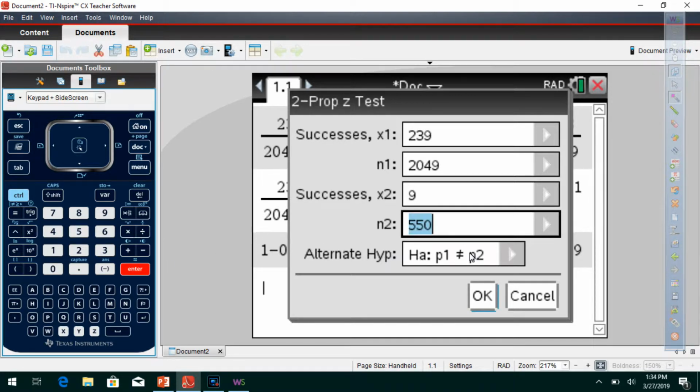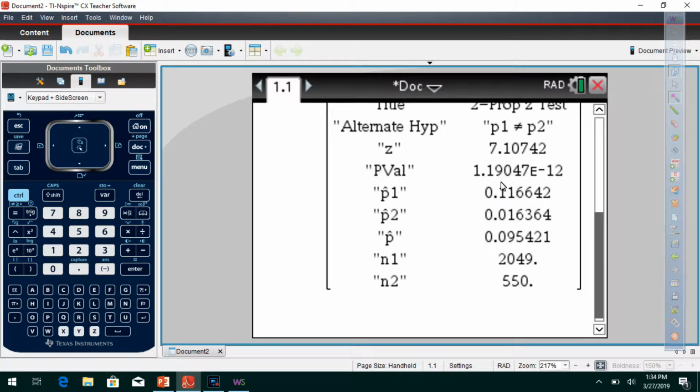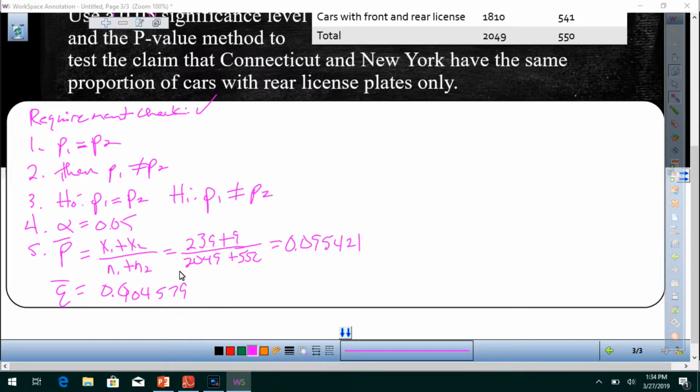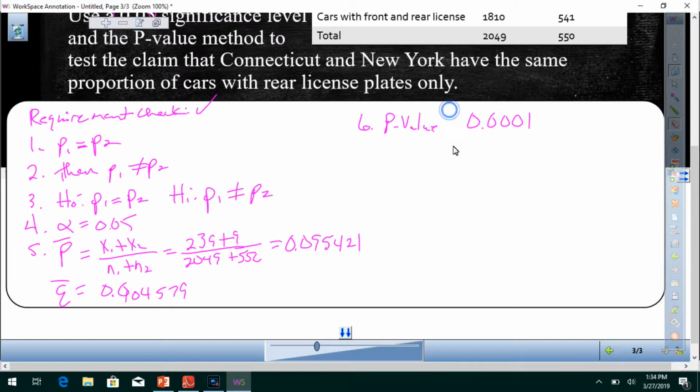And there we go. The alternate hypothesis is that they're not equal to, and we press. So our p-value is, wow, small. Our p-value is 0.0001. And it's actually less than that, but that's okay. We're not going to say equal, we're going to say less than.